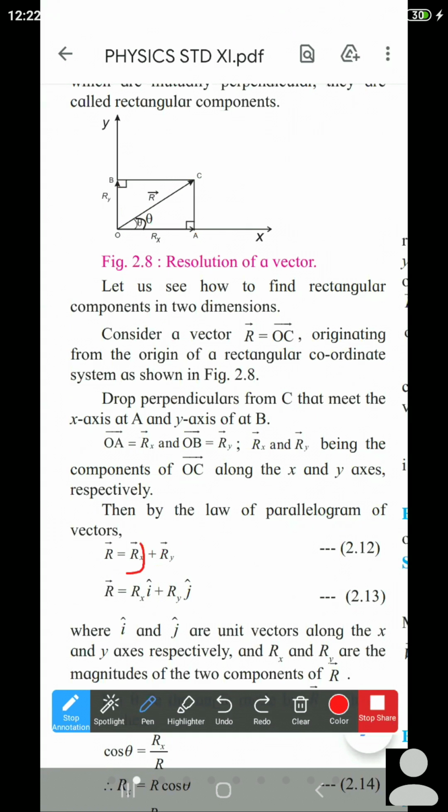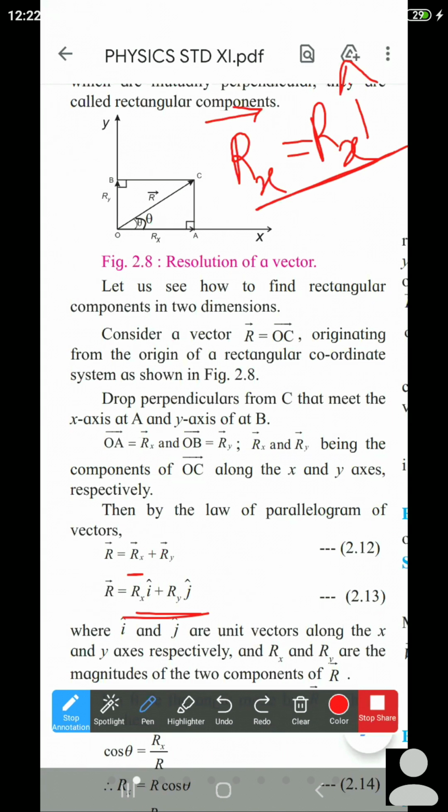Then that Rx and Ry we can write in the form of unit vector, which I already explained. मैंने पहले तुम लोगों को एक्सप्लेन किया है कि आर एक्स ये वेक्टर हम यूनिट वेक्टर के फॉर्म में कैसे लिखेंगे. तो Rx bar is equal to Rx i cap ऐसे हम लिख सकते हैं.